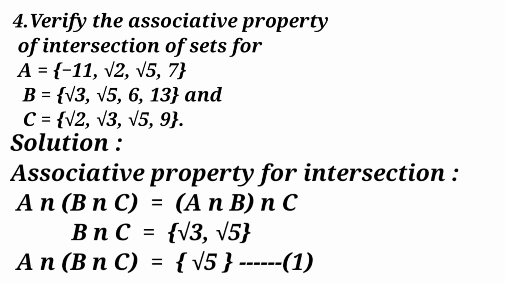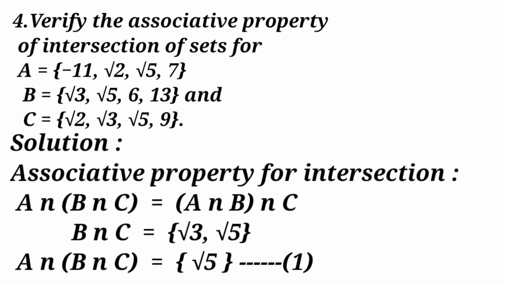Fourth one, verify the associative property of intersection of sets for A is equal to {-11, root 2, root 5, 7}, B is equal to {root 3, root 5, 6, 13}, and C is equal to {root 2, root 3, root 5, 9}.